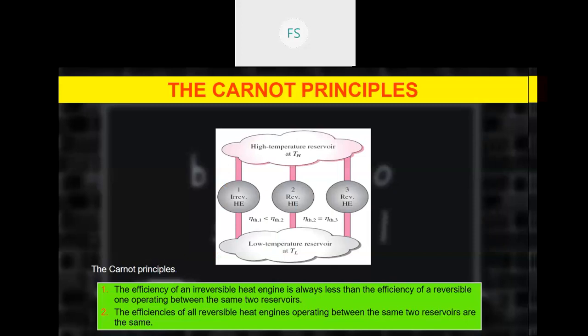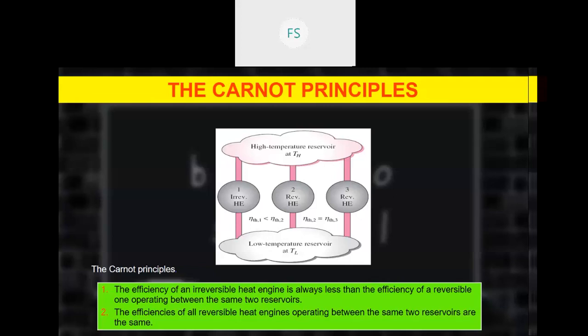So let's look at the first one. We have 1, 2, 3 heat engines. The first heat engine is an irreversible heat engine, a real heat engine, number one. Number two is a reversible heat engine, which is an ideal heat engine. Okay, 1 and 2 are operating between the same two reservoirs.